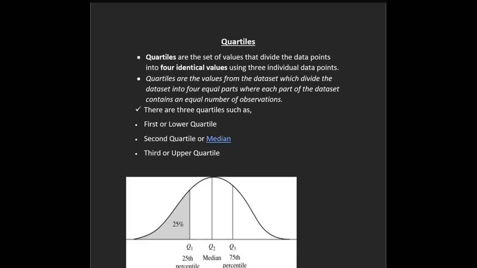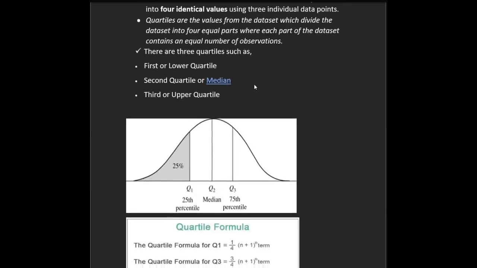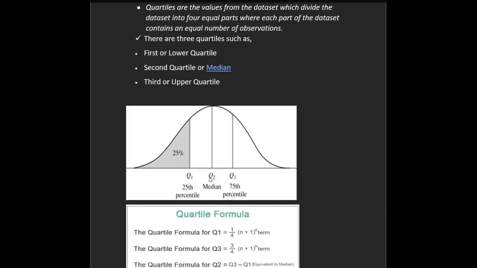Quartiles are the values from the dataset which divide the dataset into four equal parts, where each part of the dataset contains an equal number of observations. There are three quartiles in total: the first or lower quartile, the second quartile or median, and the third or upper quartile. So a quartile can be visualized like this.